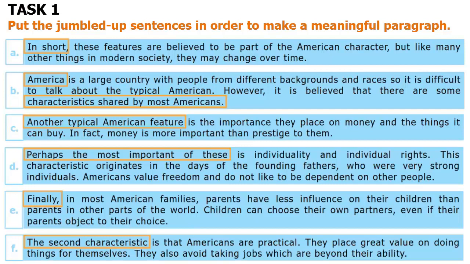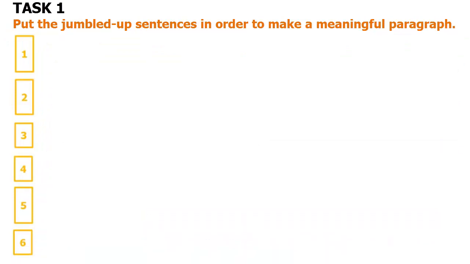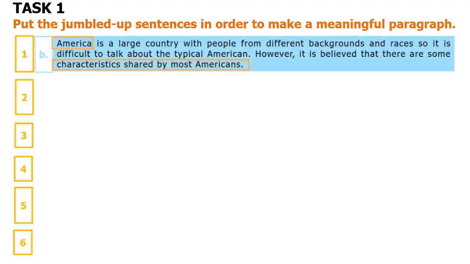Now, I will give you the answers and explanations. Which sentences will be the beginning of the paragraph? B. B is the correct answer. How do you know the answer is B?